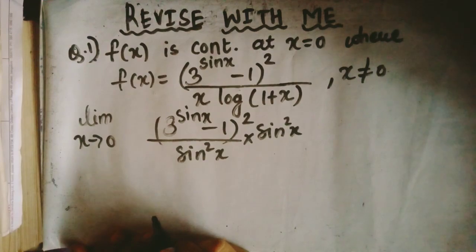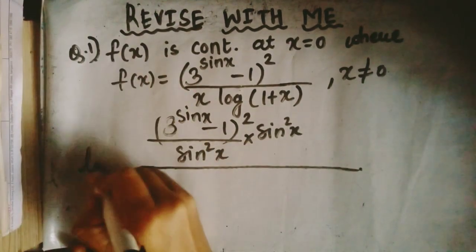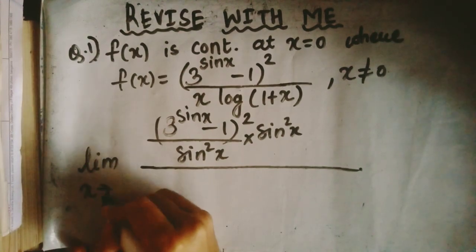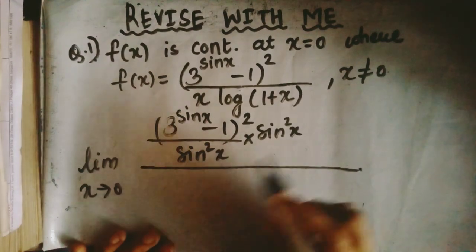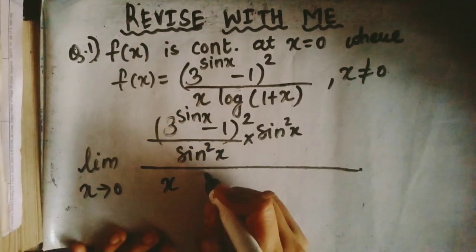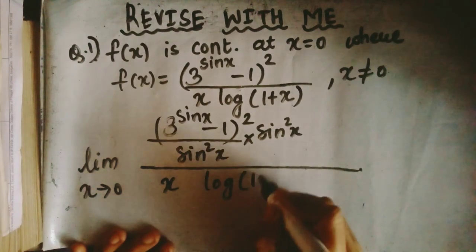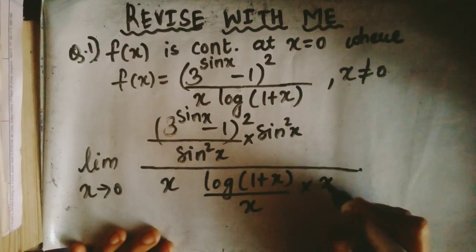Okay, now the second term in the denominator is x log 1 plus x. Okay, so x I'll keep as it is. Log 1 plus x, I'll write it as 1 plus x divided by x multiply by x.